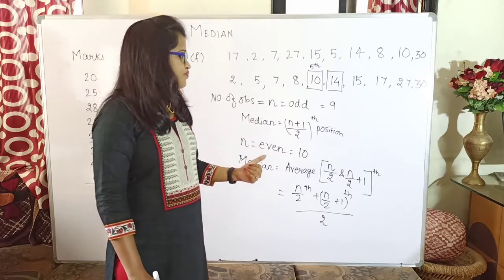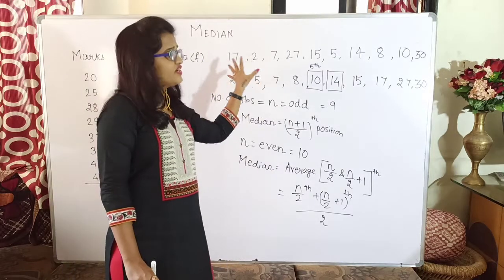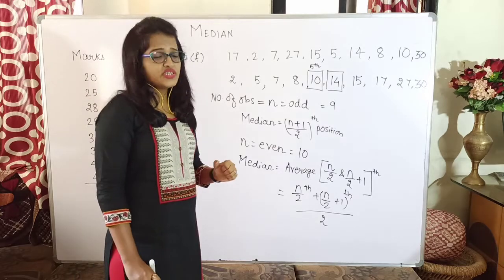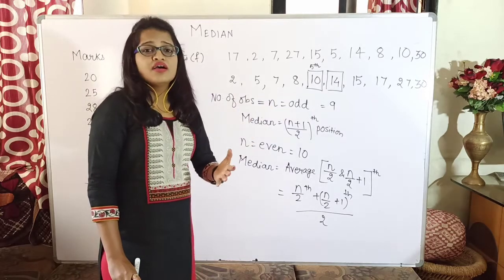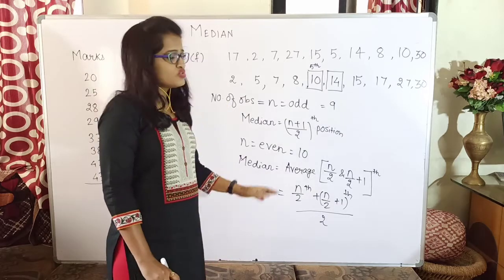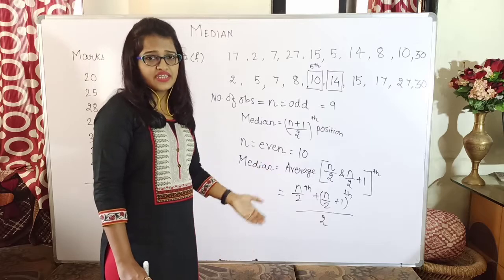Further, let us see what kind of data this was, whether it was grouped data or ungrouped data. As you can see, it is ungrouped data. The number of observations were small, so even without making use of the formula I can tell the value.